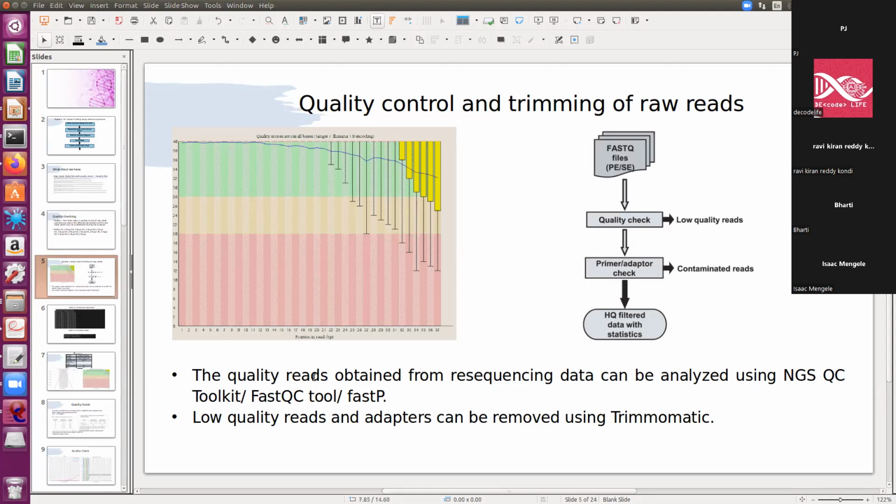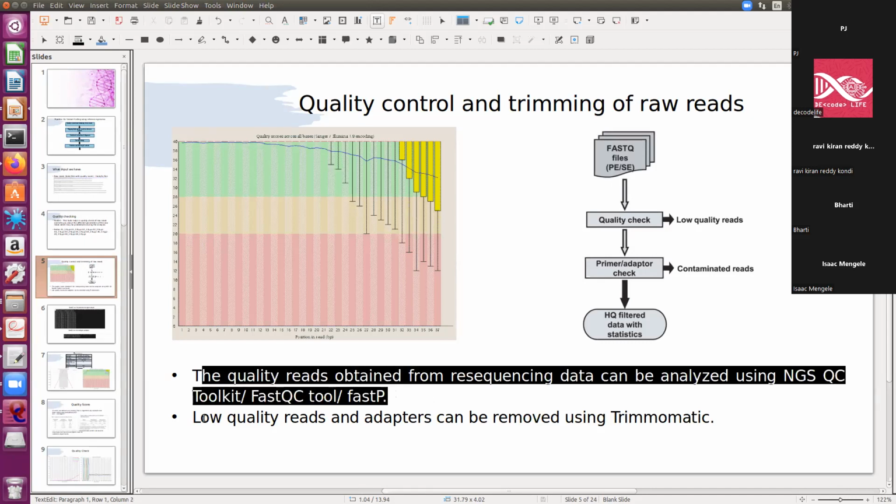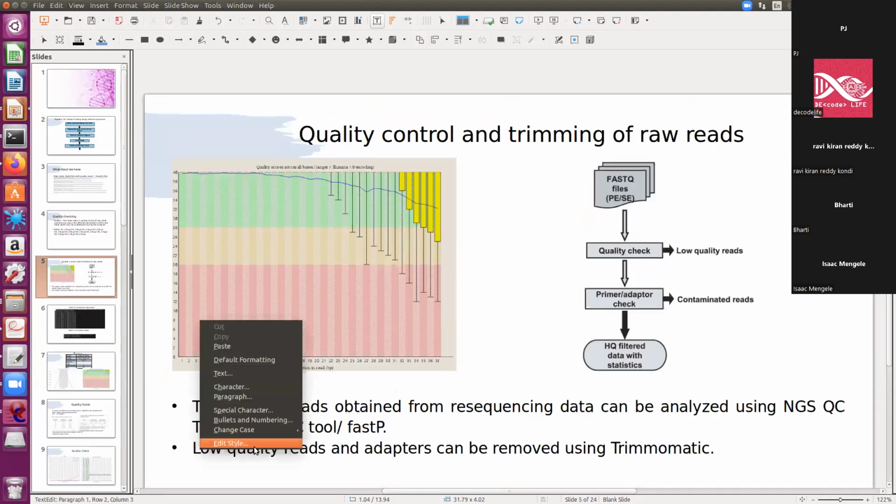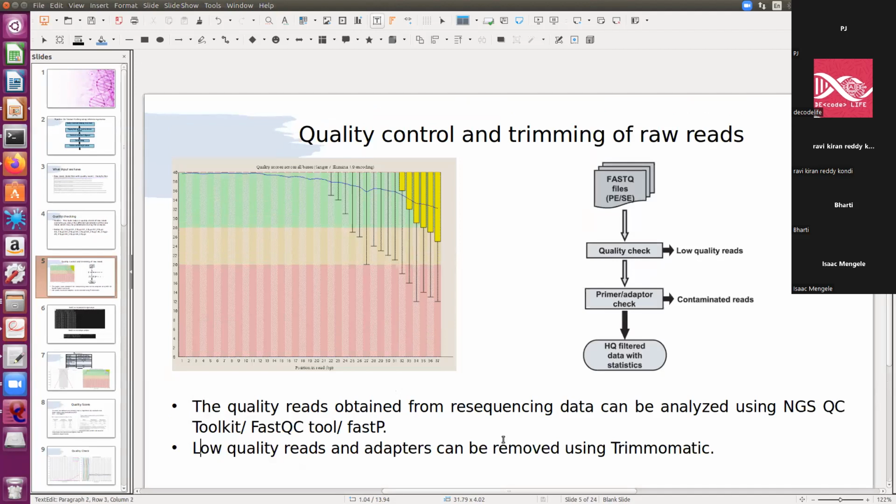So we saw how the quality of reads obtained from sequencing data can be analyzed by FastQC and also with NGS QC and FastP. There are many tools nowadays, like MultiQC. Once we see the quality of our reads, the next step is to remove the low quality reads, and the adapters can be removed using the Trimmomatic software. So next we will run Trimmomatic.